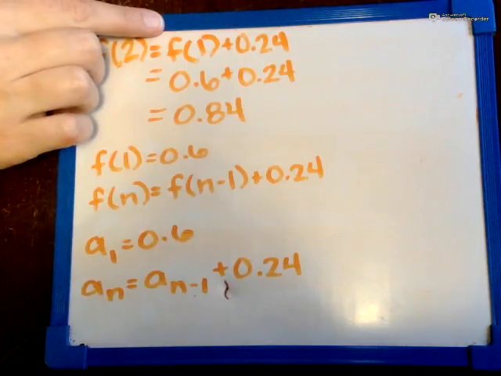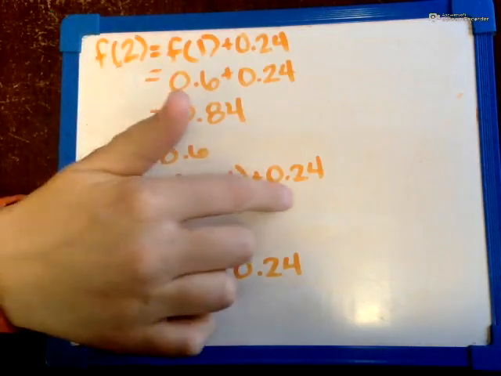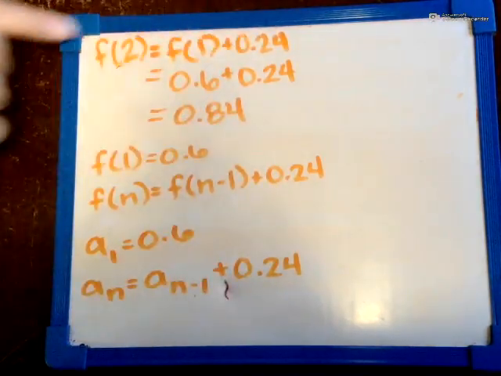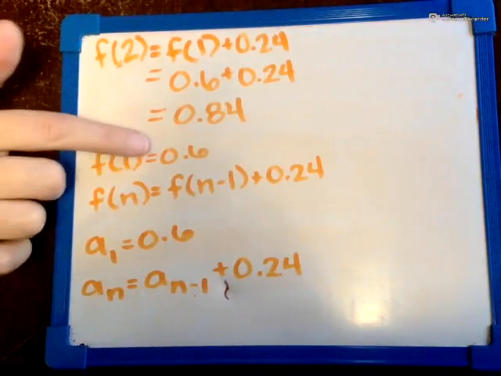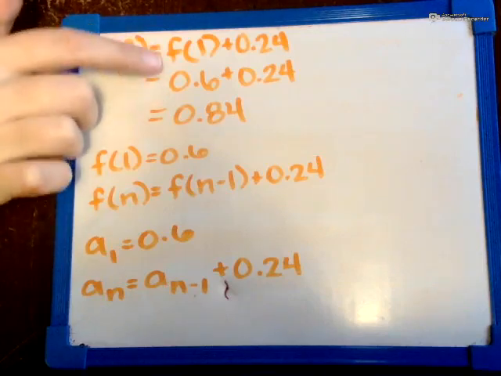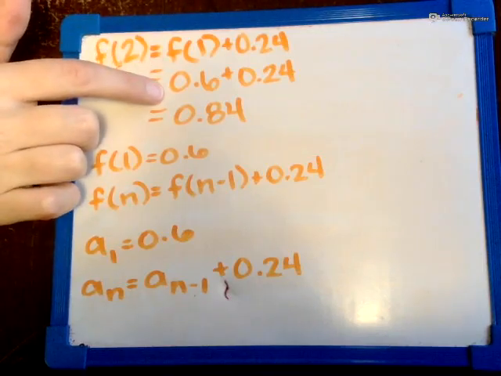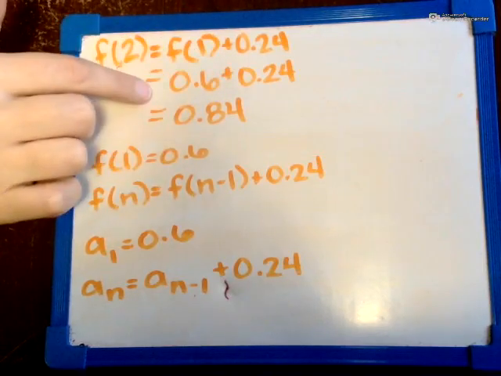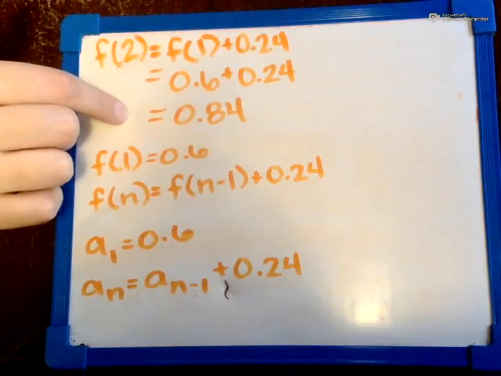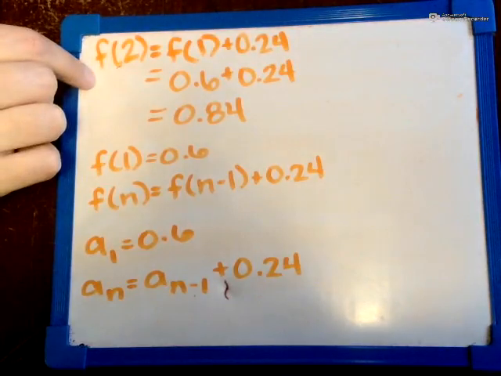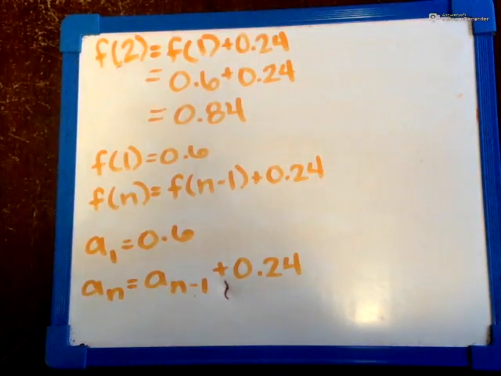So we end up with f of 1 plus 0.24. Okay, so that's how we got this up here. Now we know that f of 1 is equal to 0.6. So this is 0.6. We drop down the 0.24. We add those together and we get 0.84. So a 2 ounce letter costs 84 cents.